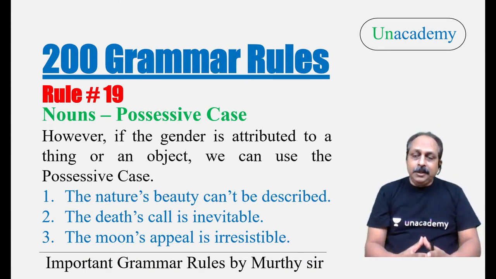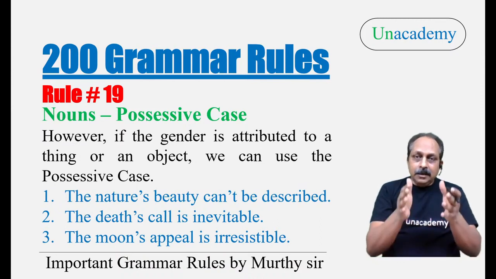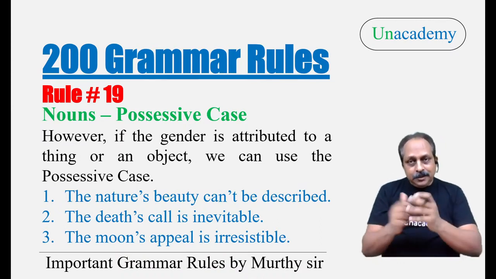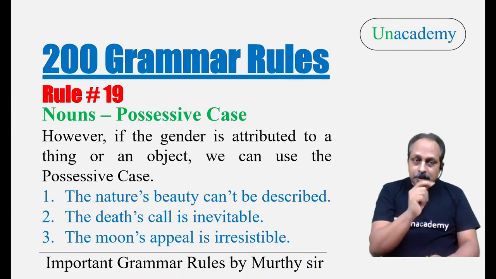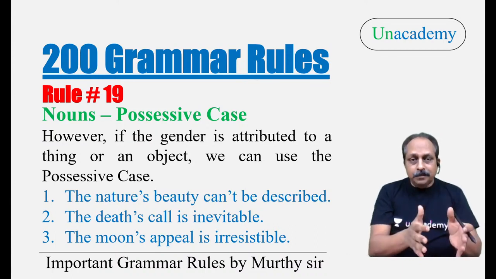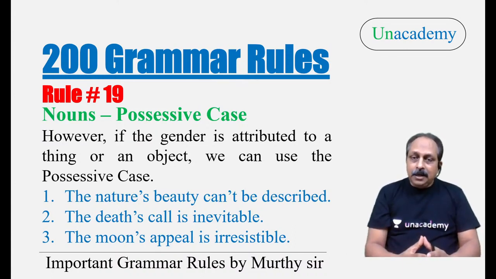Now, rule number 19. I always say English has rules, English has exceptions. What is rule number 19? I'm still with possessive case. It talks about the exception. That is the reason why I started with however. However, if the gender is attributed to a thing or an object, we can use a possessive case.